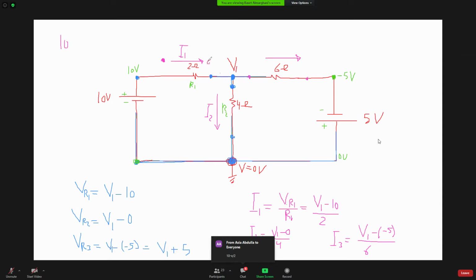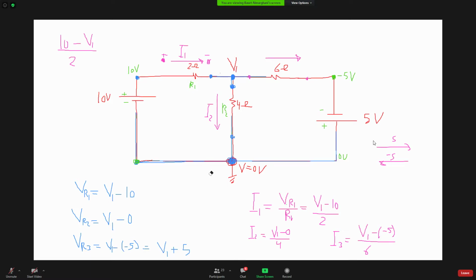What is the voltage at this side? Now the current is going this way, so this is the positive and this is the negative. So the voltage here minus the voltage there: 10 minus V1, divided by the resistance, which is 2. If I change the direction of the current, I change the signs. It makes sense. If the current in this direction is 5, in the other direction it is minus 5. Is this okay? It's like I'm talking about something completely new. This is Ohm's law.